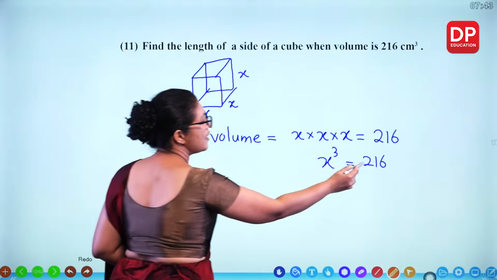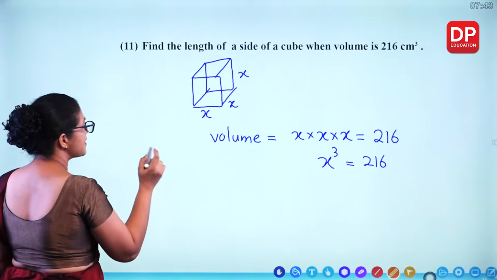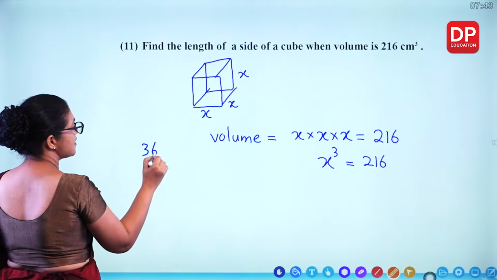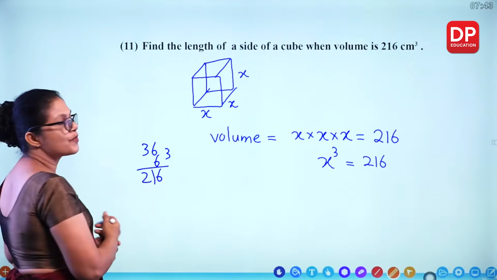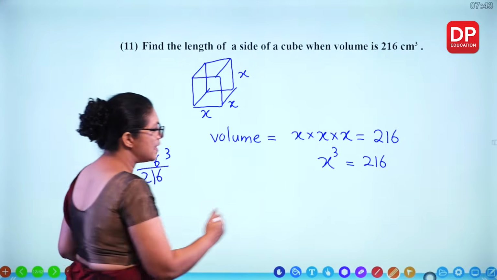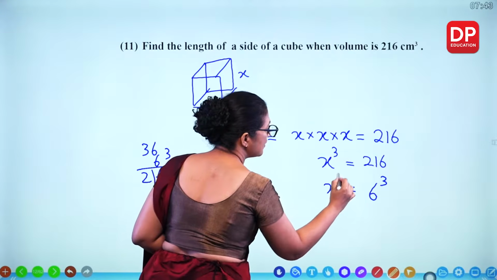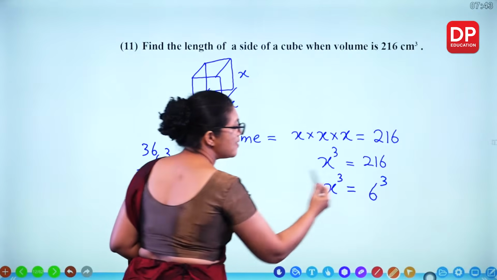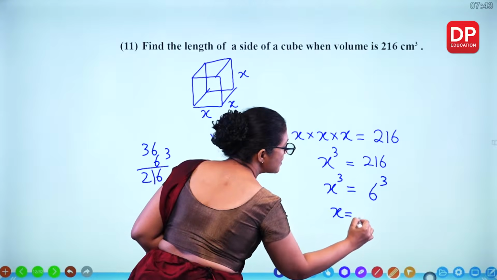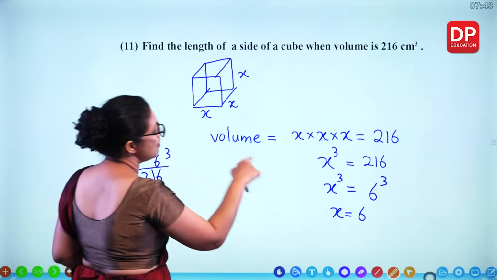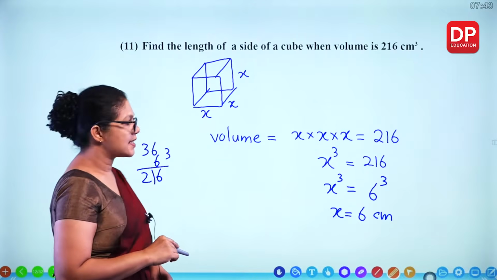So what's the X value? How do you get 216? We'll see, 6 times 6, 36. 36 times 6, 216. So that means I can write this as 6 to the power 3. So the powers are equal, you can equate the bases. So X equals 6 centimeters, because this is given in cubic centimeters.